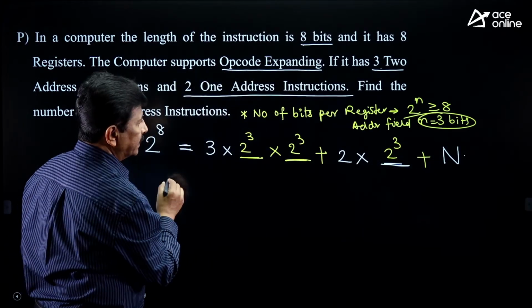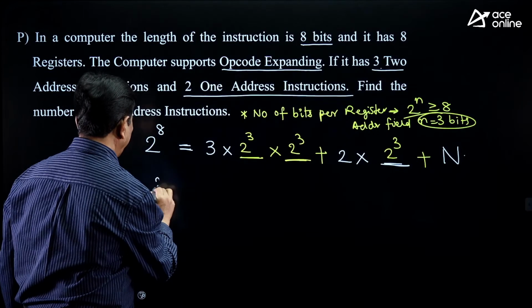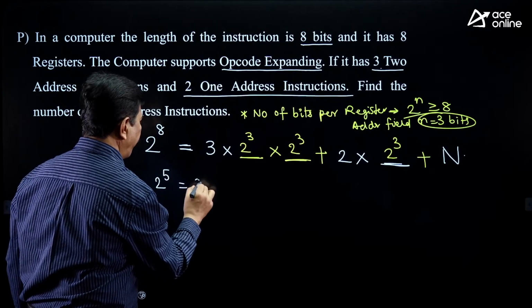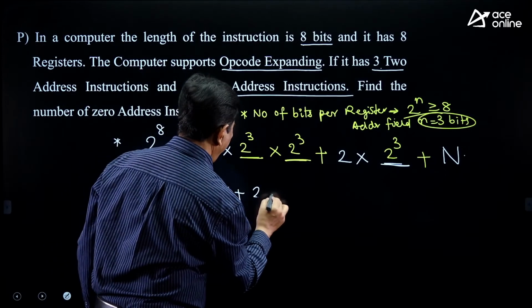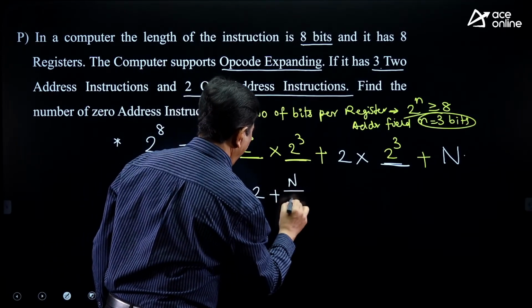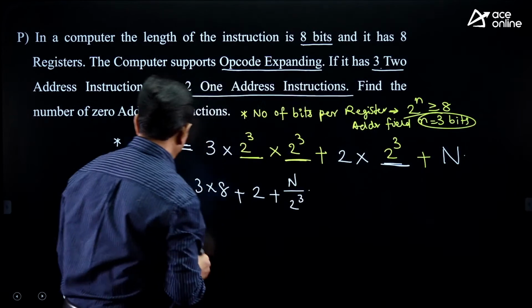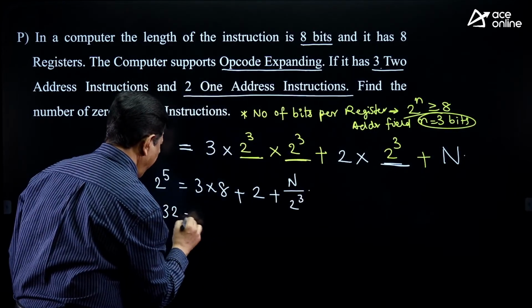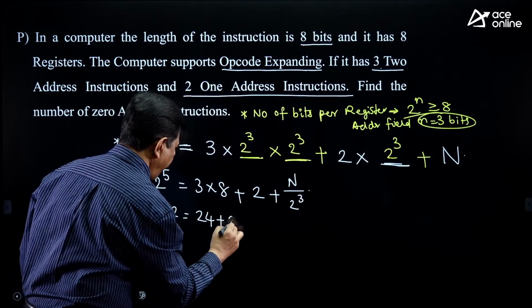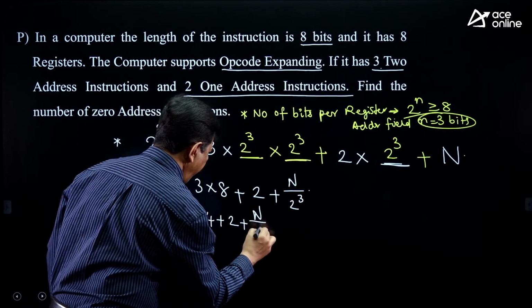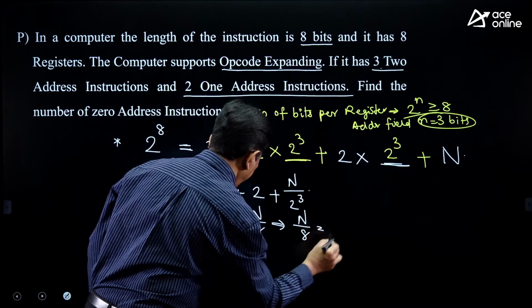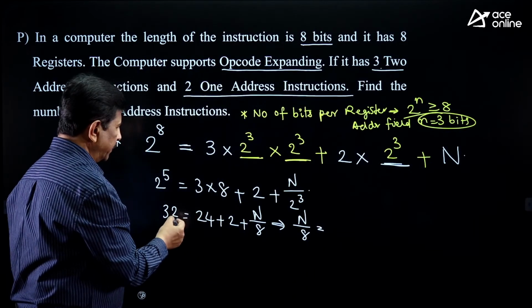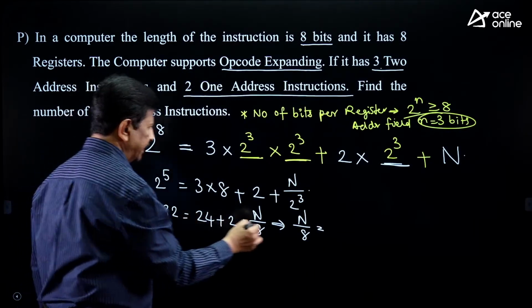That is, you can say that take 2 power 3 common, so 32 minus 26 is going to be 6.